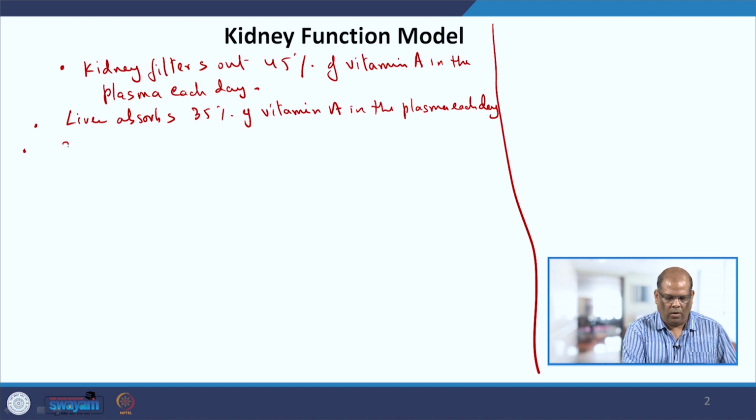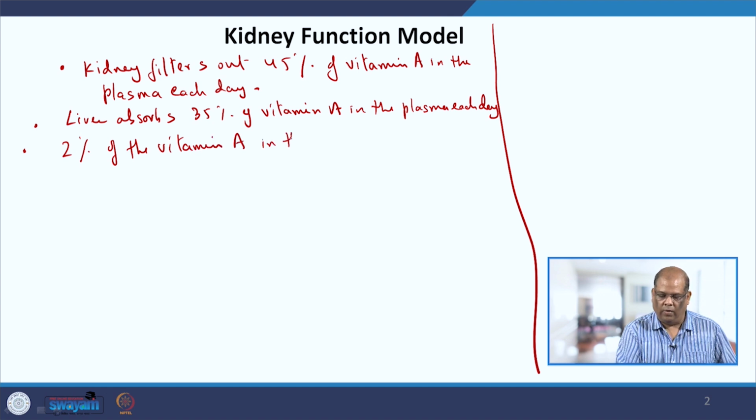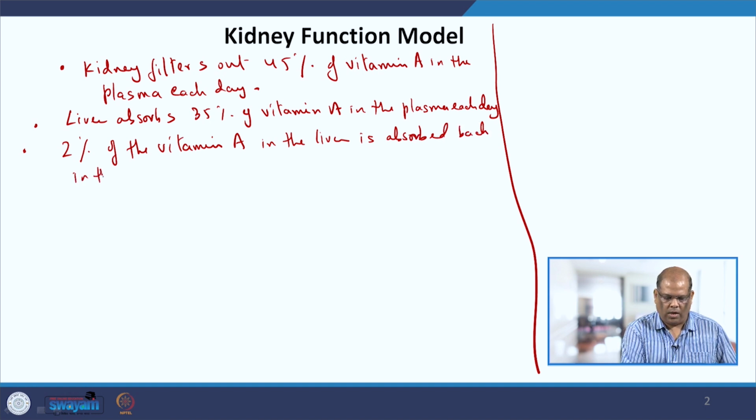Number 3, 2% of the vitamin A in the liver is absorbed back in the plasma each day.